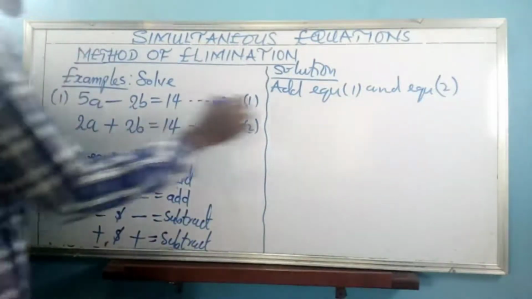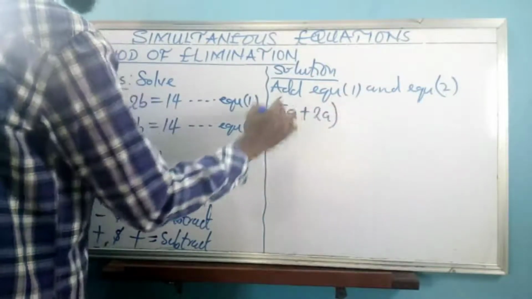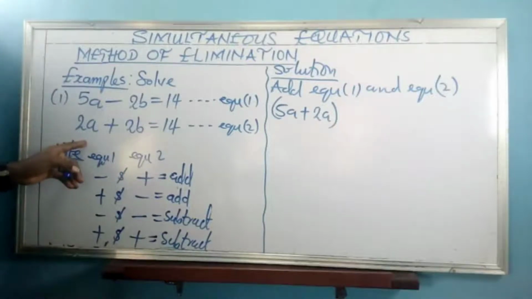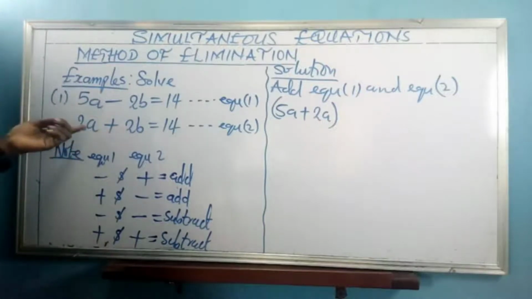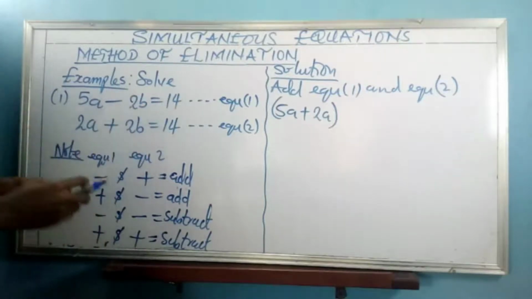5a plus 2a. Don't tell me the answer yet. Let's write it down for those that will still have some issue with it. Do we have it now? 5a plus 2a. Do we get it? Let's move to the second part now.